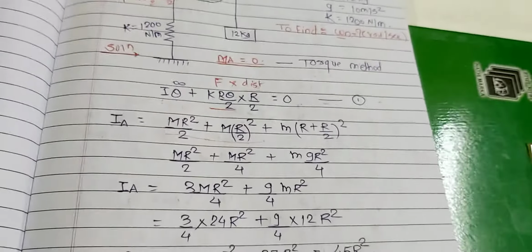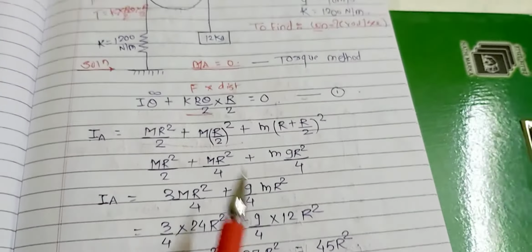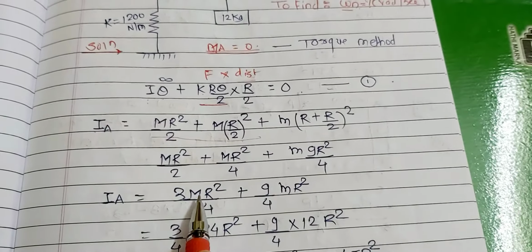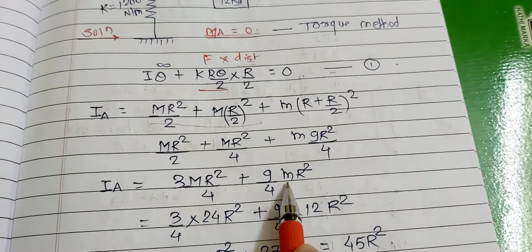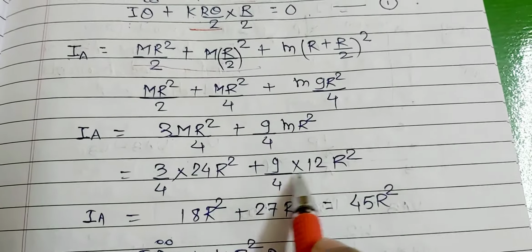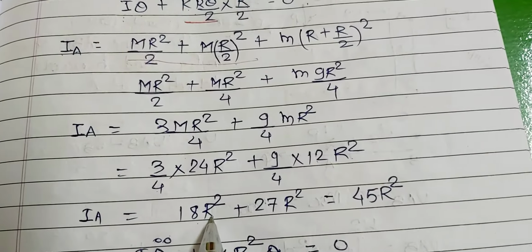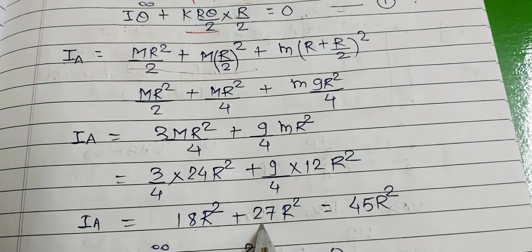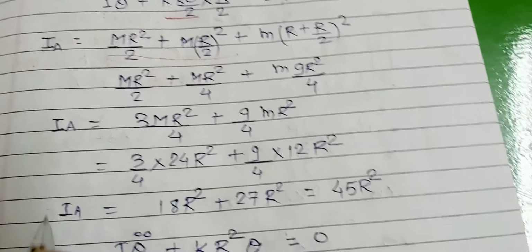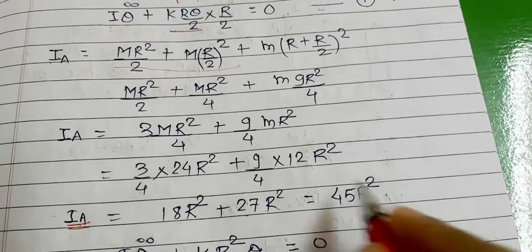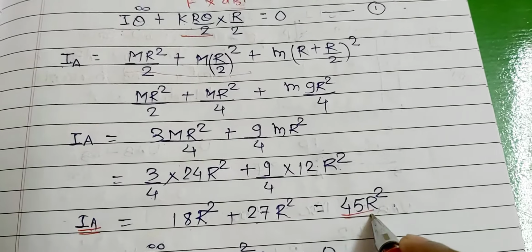Now put the value of capital M, which is given as 24 kg, so 24 into r square, and small m is 12 kg, so 9 by 4 into 12 r square. After simplification this gives 18 r square, and this simplifies to 27 r square. So the total mass moment of inertia at point A, I A, is 45 r square.